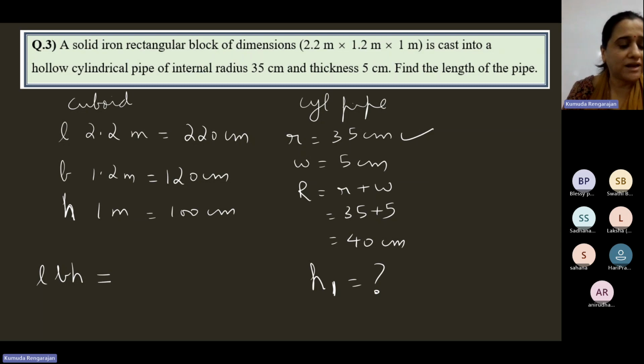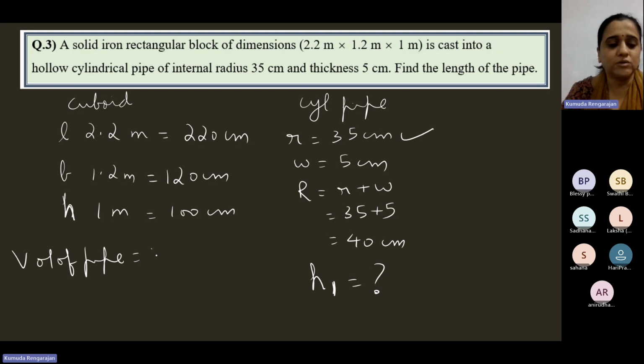Now, normally what I write in the LHS is what we have to find. The height of the metal pipe, right? So I'll write the volume of the pipe in the LHS. Volume of pipe is equal to volume of cuboid. Whatever we have to find, I'll put it in the LHS.